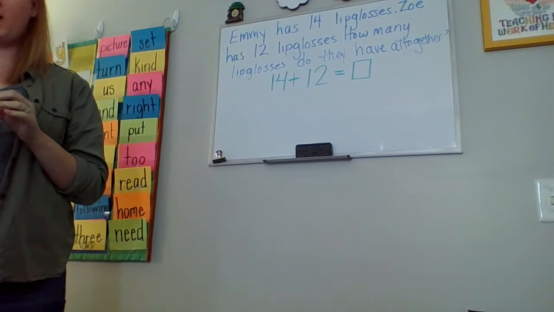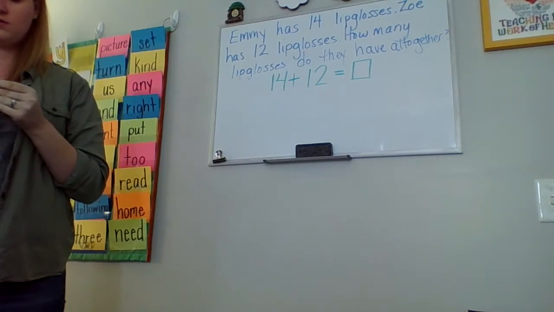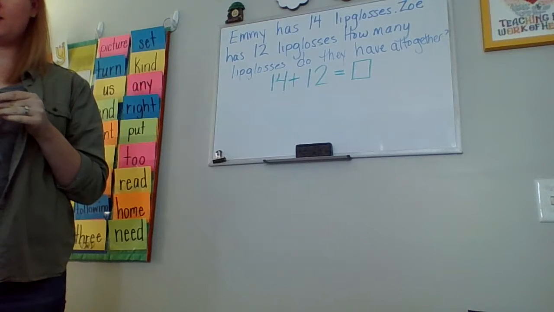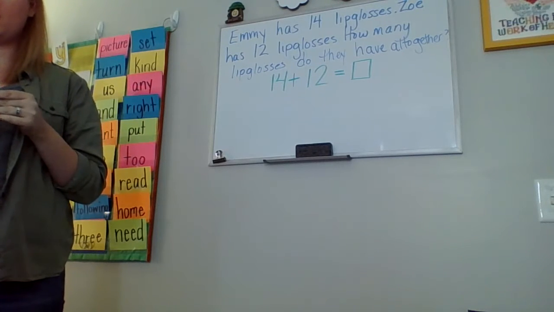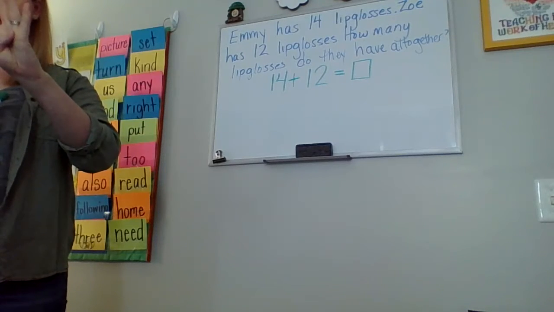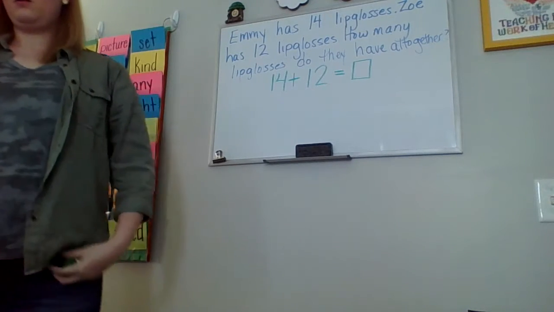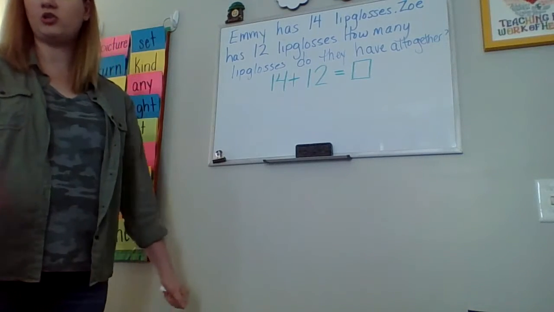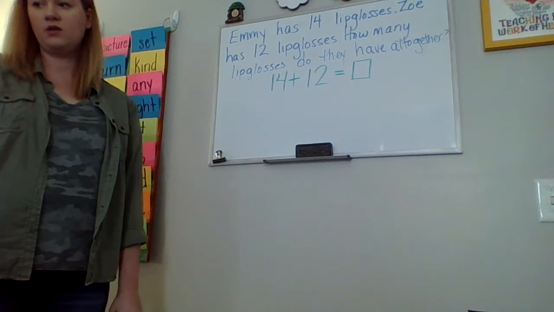I need some other friends. Good Easy. Careful, Easy. Make sure it's a 14, not a 4. Is it a 14? A 1 and a 4? Okay. I just want you to make sure, because I don't want you to be confused.